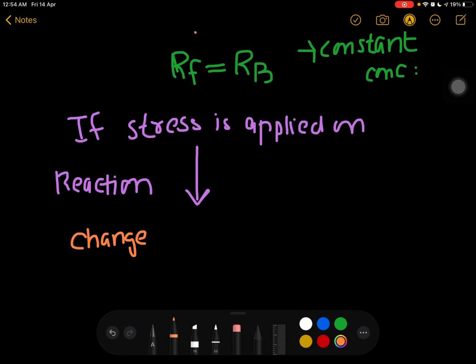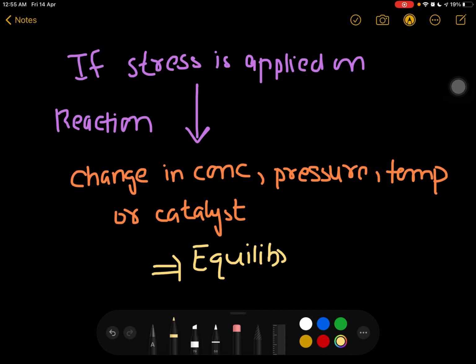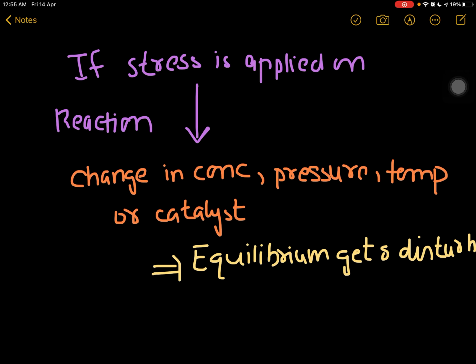The equilibrium gets disturbed. By applying the stress, the equilibrium gets disturbed. So what will happen? This changed equilibrium wants to acquire the same equilibrium state by changing the direction for a few moments.